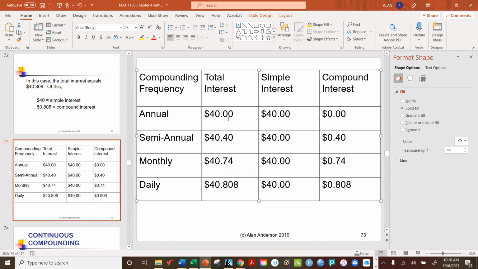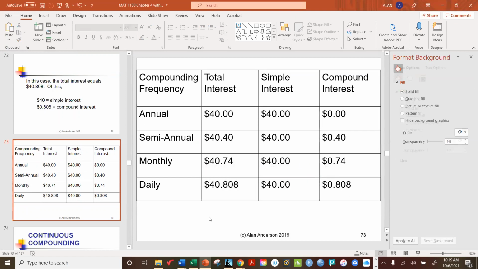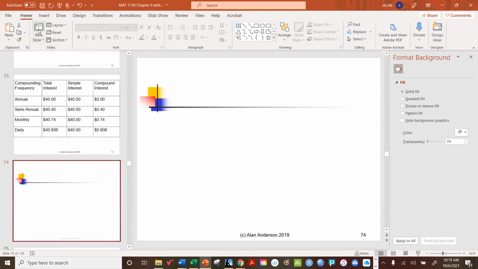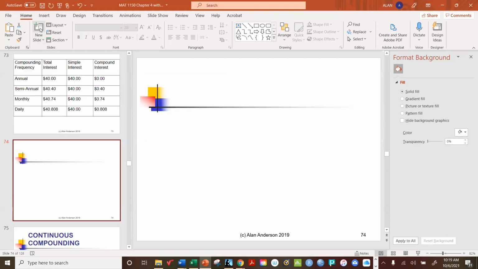So the total goes up, simple never changes, and compound goes up. Now, here's an interesting thing to notice though. When I went from semi-annual to monthly, I gained another 34 cents. But when I went from monthly to daily, I only gained another 6.8 cents. So what's happening here is that the amount of interest that you're earning is increasing, but at a progressively decreasing rate.